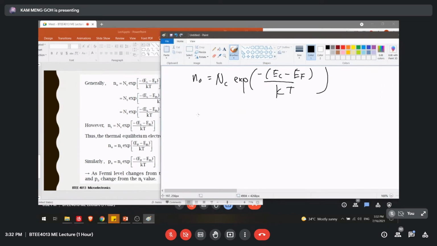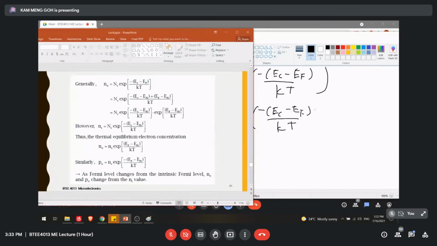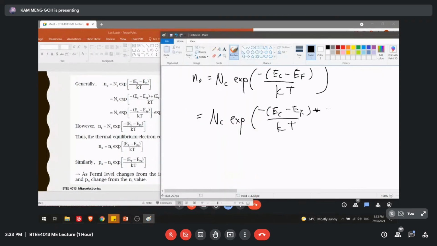Then we try to expand the formula: exponential of EC minus EF over KT, then plus EFI minus EFI over KT. This one is a plus, plus.